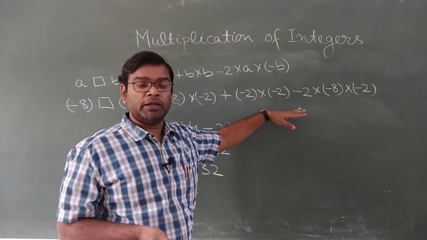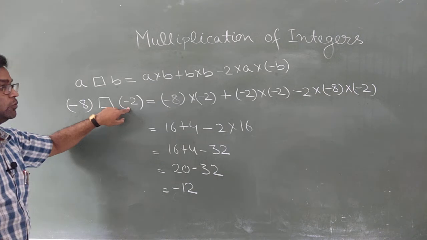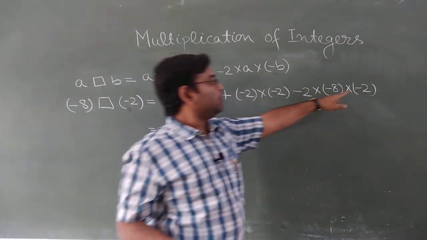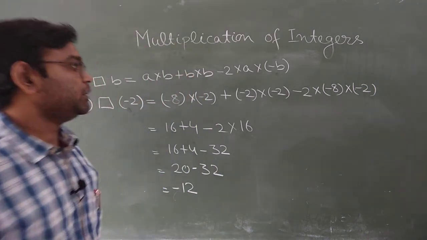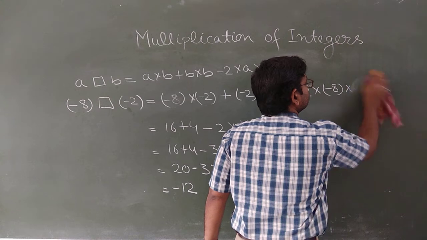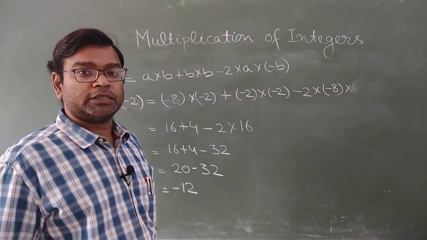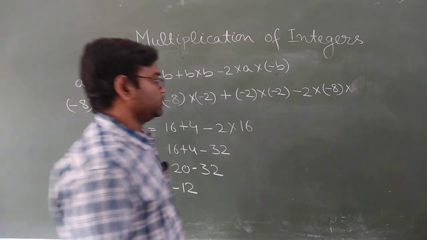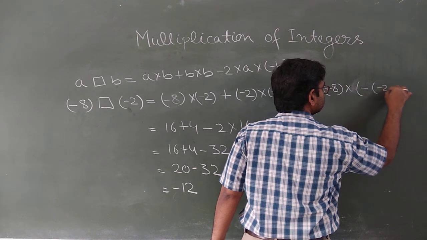First we write a minus, then place the value of B. What is the value of B? Minus 2. So what can we write over here? Minus of minus 2. But it is a common mistake made by you people. That's why I show you here so that you cannot make such mistakes in future. So it's minus of minus 2.